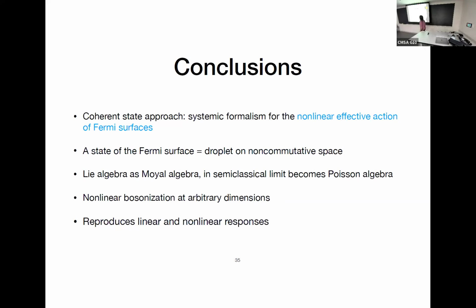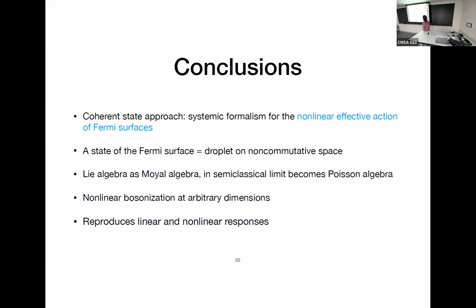And we know that a state of the Fermi surface is a droplet that lives on non-commutative space. The algebra is an algebra with the Moyal bracket. In the semi-classical limit, it becomes the algebra with the Poisson bracket.